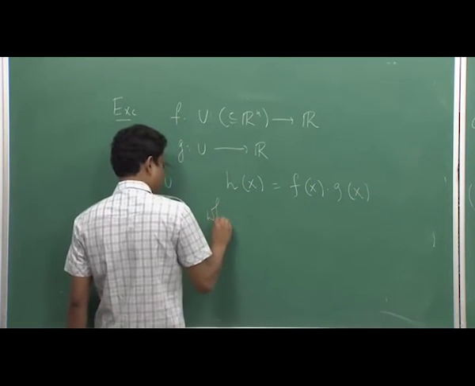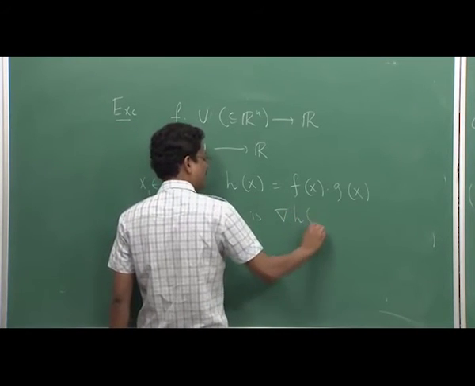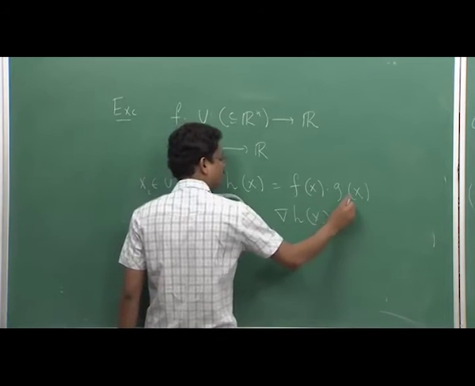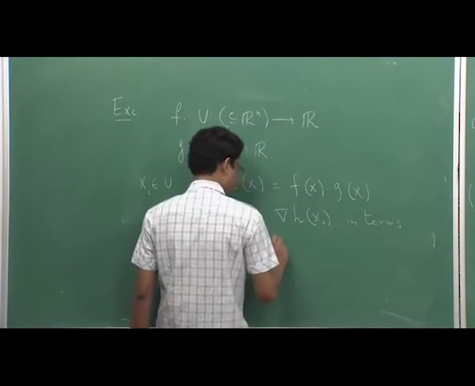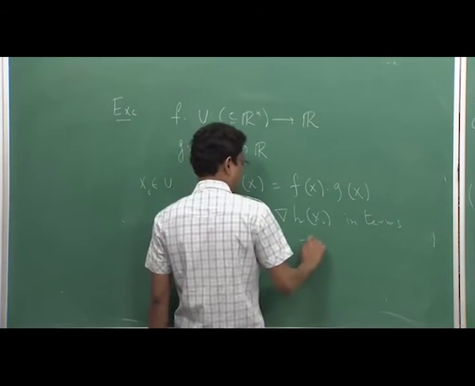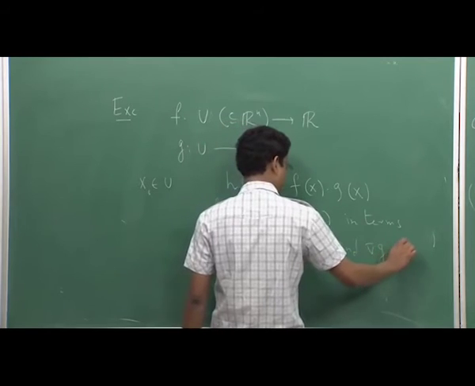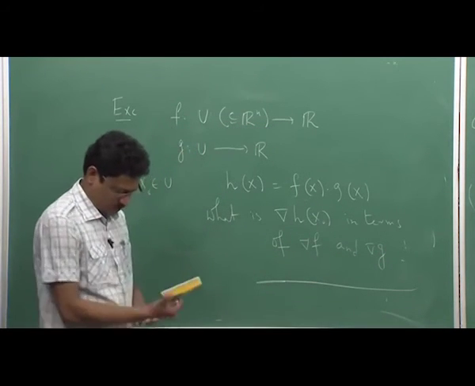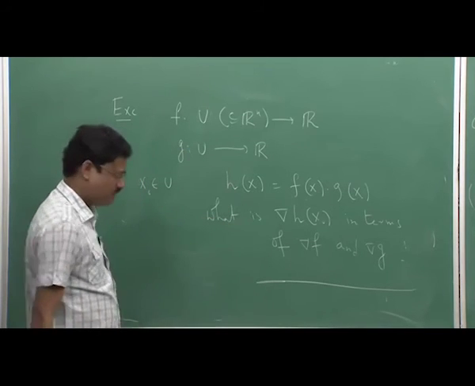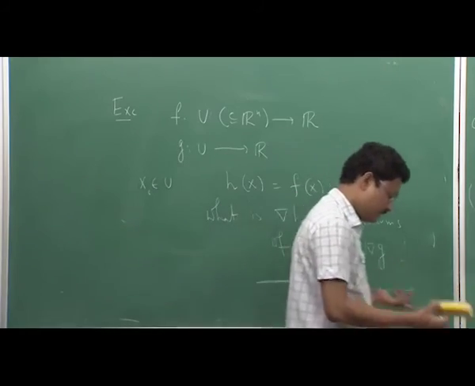So, find out what is grad H at x naught in terms of grad f and grad g. This is the exercise you try to do. This is very easy, just do it from the definition; first you must think of what is a candidate, and then it is easy.